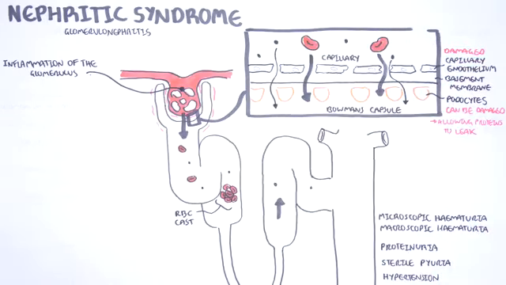The immune complexes that deposit in this area will activate complement response. Complement activation occurs via the classical pathway and is typically manifested by a normal or mildly decreased serum C3 concentration and a low serum C4 concentration.